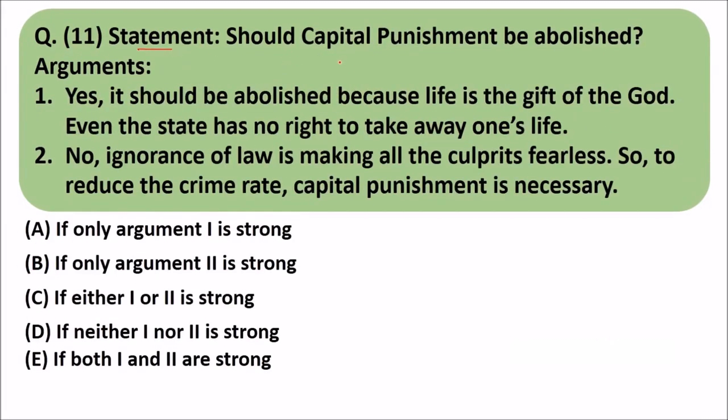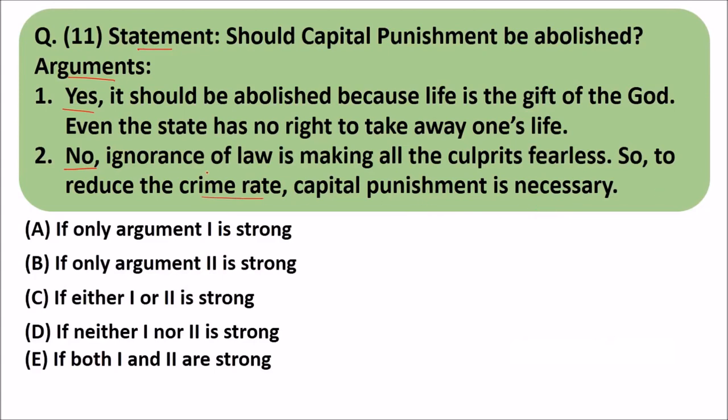Statement: Should capital punishment be abolished? Arguments: Yes, it should be abolished because life is the gift of God. Even the state has no right to take away one's life. No, ignorance of law is making all the culprits fearless, so to reduce the crime rate, capital punishment is necessary. Take a look at the second argument. It says to reduce the crime rate, capital punishment is necessary.